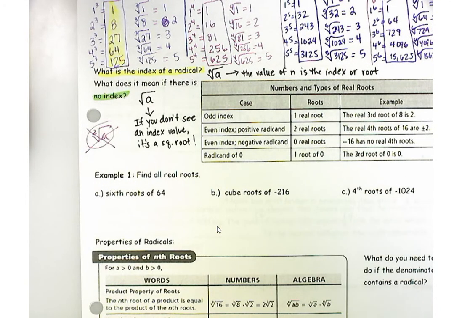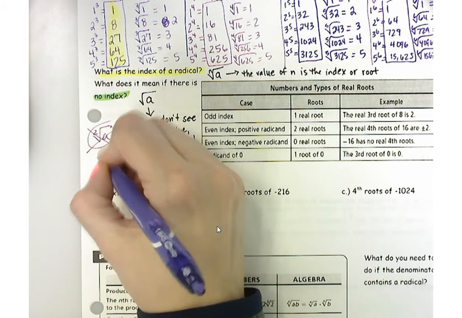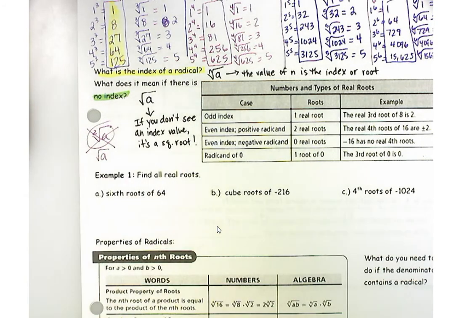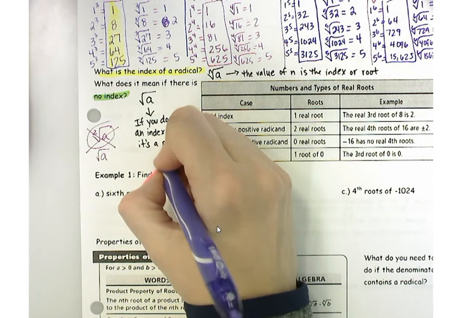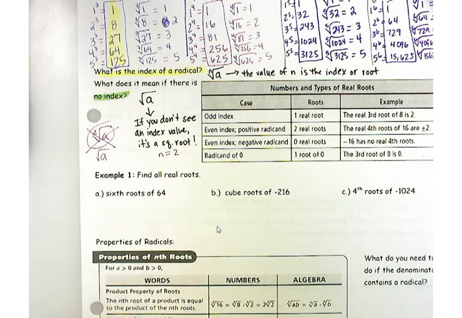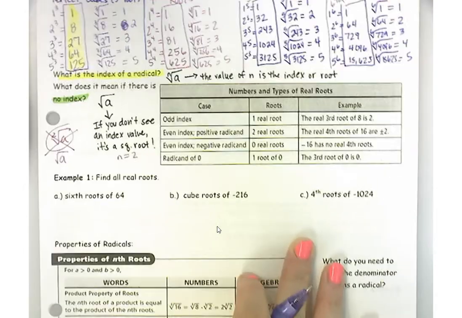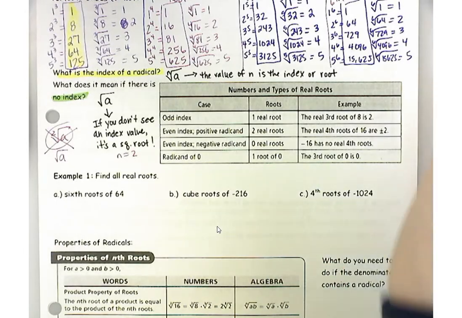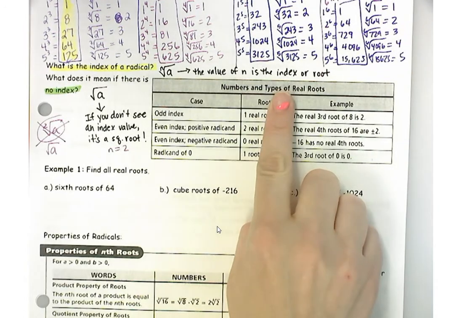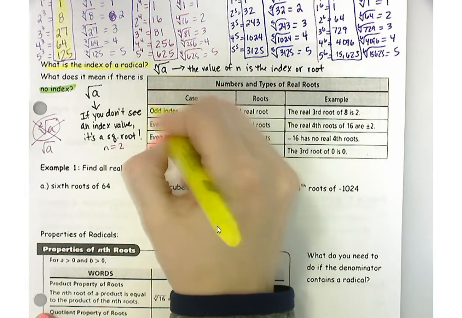All right, now we're going to talk about the number and types of real roots. The first one is talking about if you have an odd index. The example is the cube root of 8. If you take the cube root of 8, the only possible answer is 2. There is only one real root.